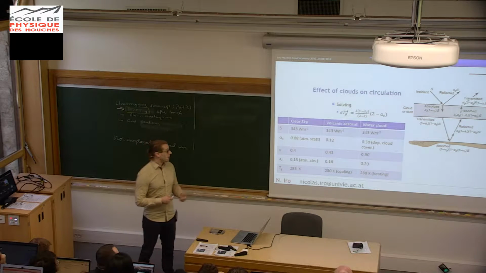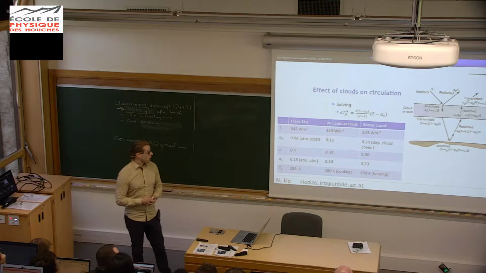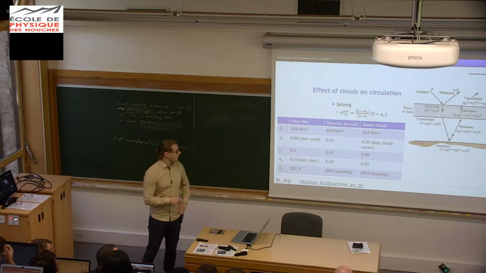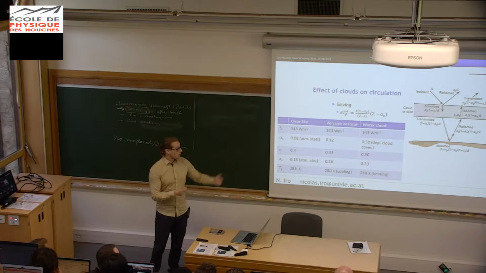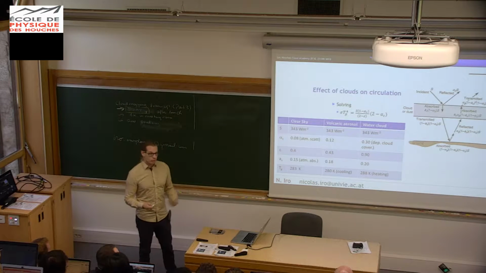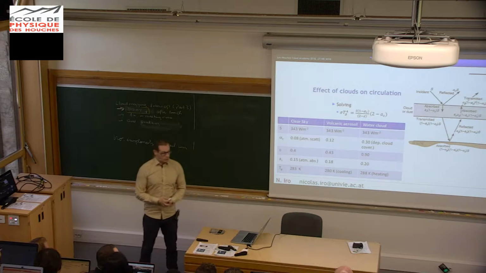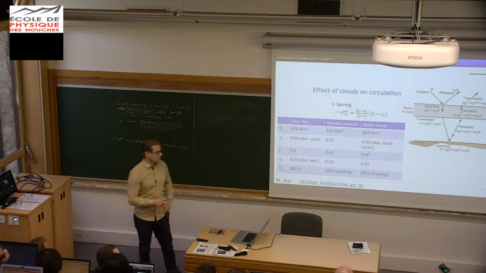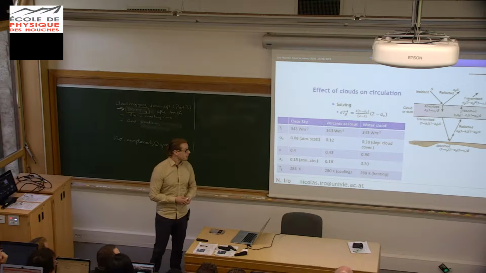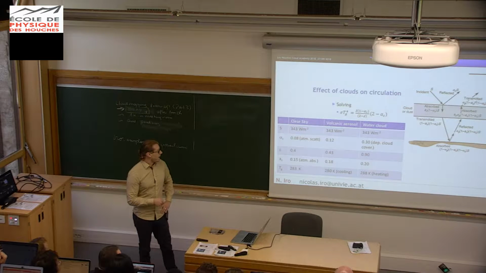If instead you put water cloud, then you increase quite substantially the absorption. Of course it's a 1D approach, so you have to account for the percentage of cloud coverage. So 0.3 is the current Earth value.